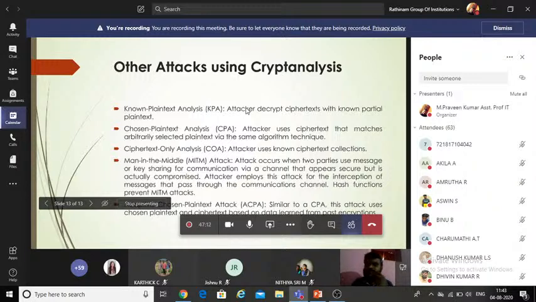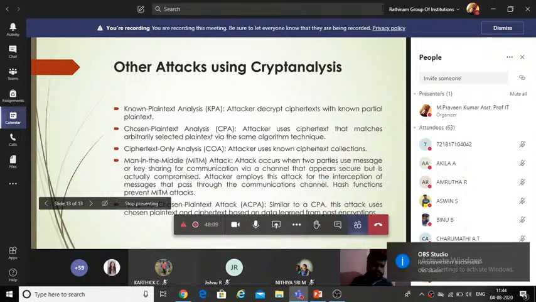That is a known plain text. Clear? And chosen plain text means I have selected a lot of information, and from that lot I have selected a particular one and assume this is the original.